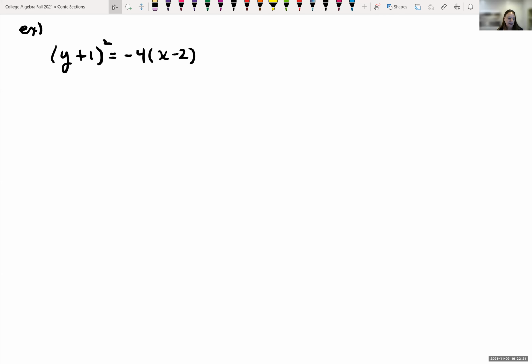Looking at it when it's in this form, we can tell which direction it's facing. It's my y value that's squared, so I know it's left or right. But it's this negative in front of the 4 that's telling me my parabola is facing to the left.